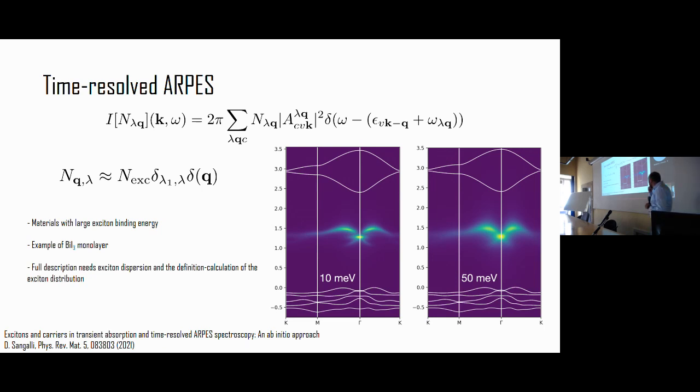But the important thing is that materials like bismuth iodine 3 are very useful for this kind of experiment because what you need is a very high binding energy. I mean, a very large separation between the conduction band and the exciton in order to observe net excitonic effects that you don't get mixed with the conduction band.